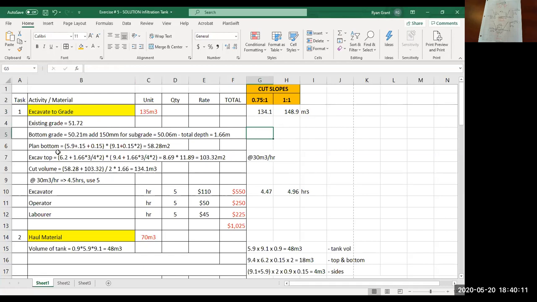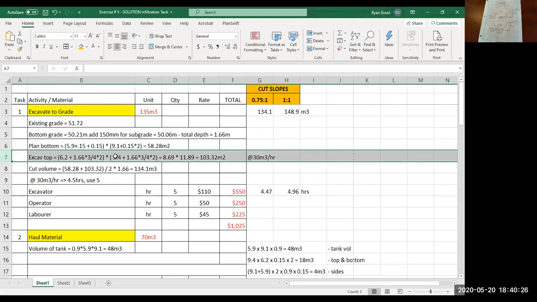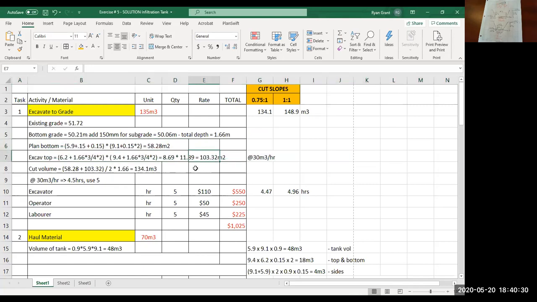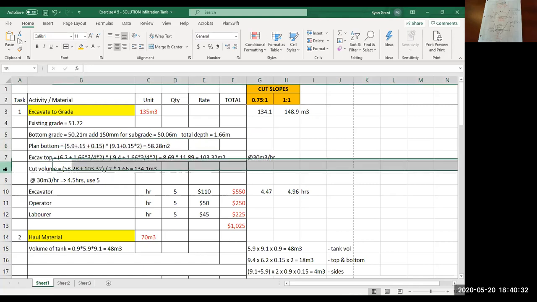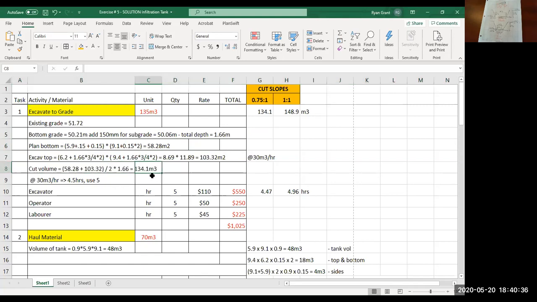So what this solution shows is a plan area on the bottom of the excavation, which is this line, and then a plan area at the top of the excavation, which is the next line down here. And then basically I add the two together, divide by 2, which shows up in this line, and then multiply by the depth, and that gives you your excavation volume.